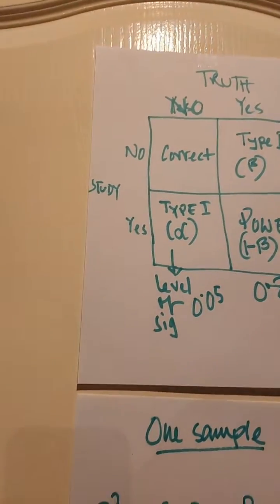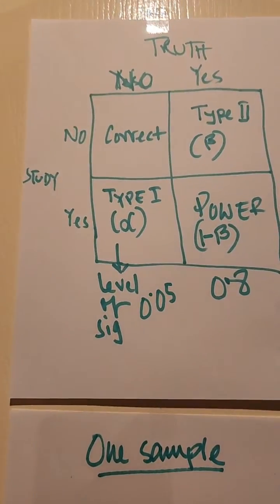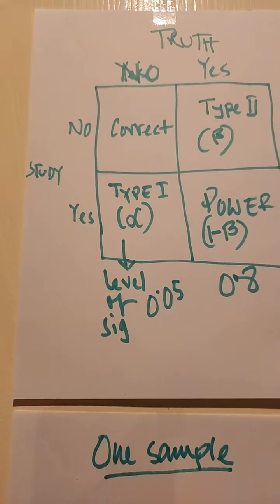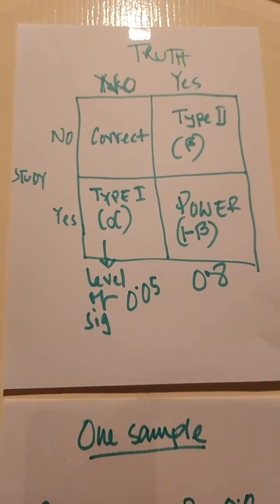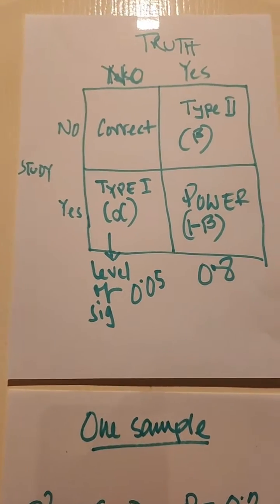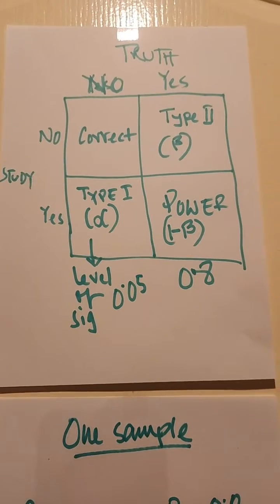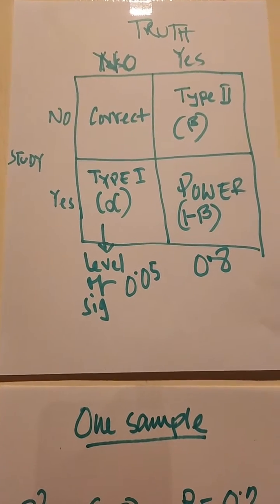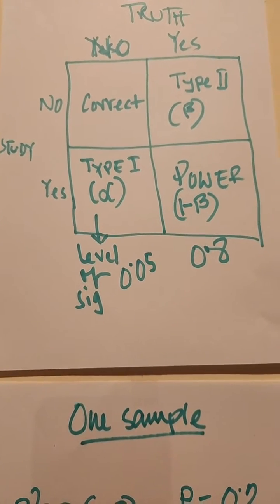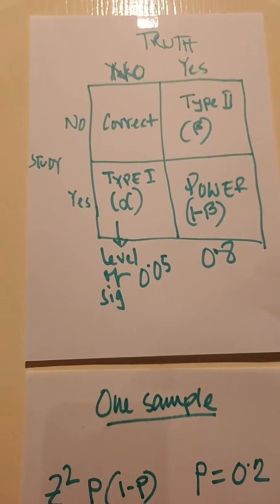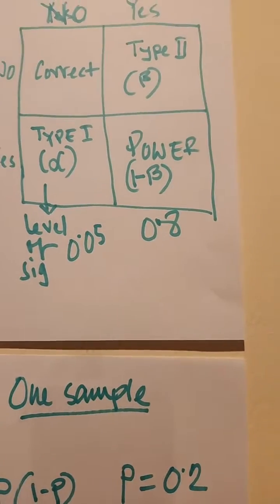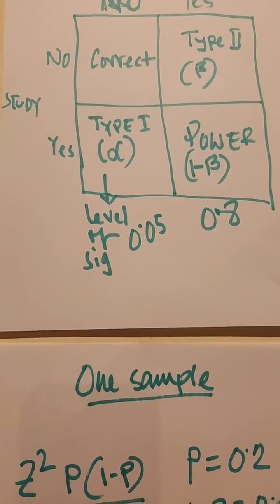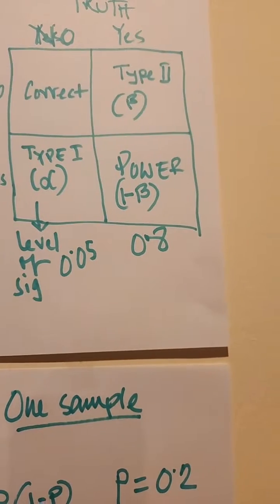If in our hypothesis testing, we find that the probability of committing type 1 error is more than 0.05 or 5%, then we would say that our study findings are not statistically significant, although that 5% is quite arbitrary. Sometimes these days we use more about 95% confidence intervals.